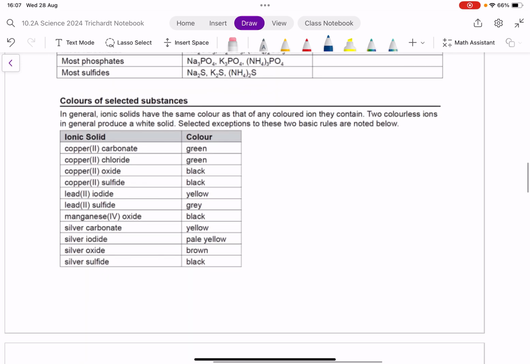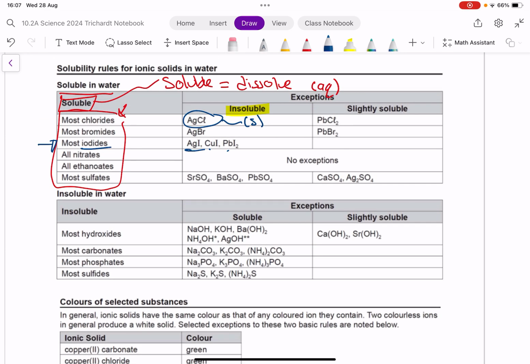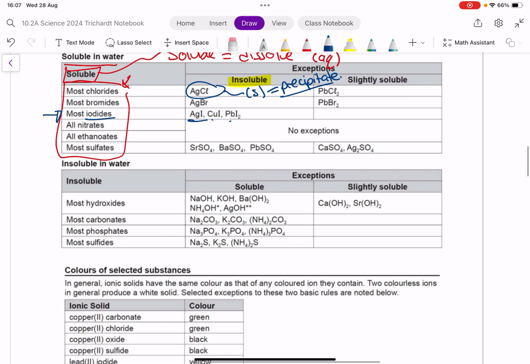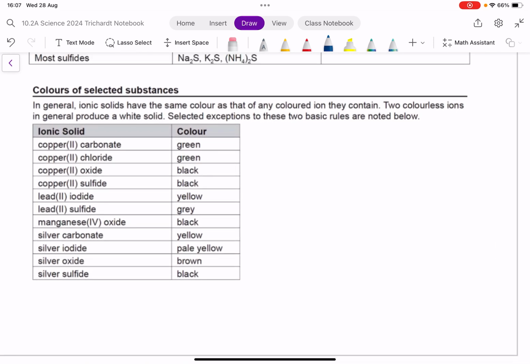Next thing we need to look at, if there is a precipitate that forms, so there is a solid, this is called a precipitate. These precipitates will have a color. In general, they will be white. So 2 colorless ions in general produce a white solid.